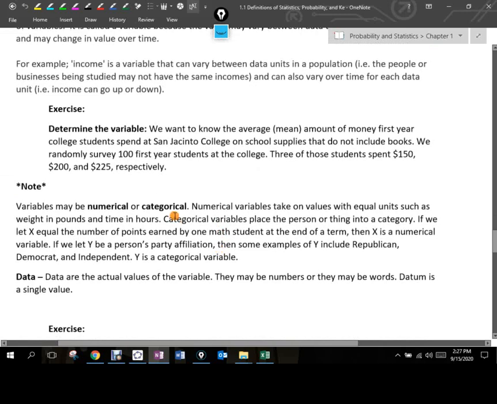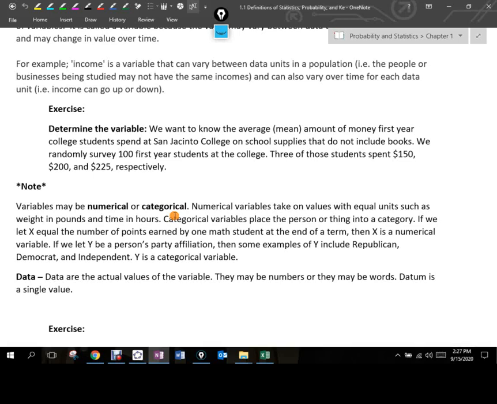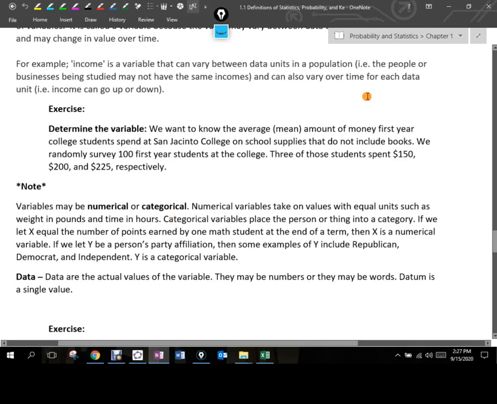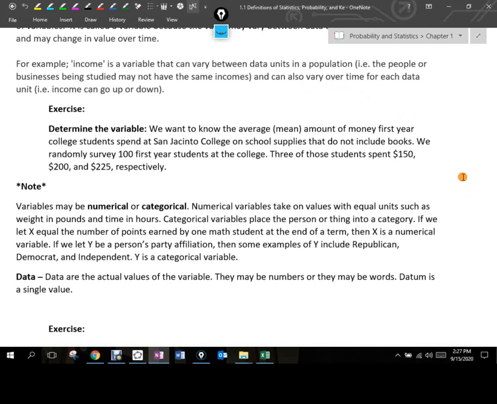When we look at this, it says, for example, income is a variable that can vary between data units in a population. It says the people or businesses being studied may not have the same incomes and can also vary over time for each data unit. A lot of studies are done to judge the income levels of first-year college graduates, and your income is going to depend on your degree.